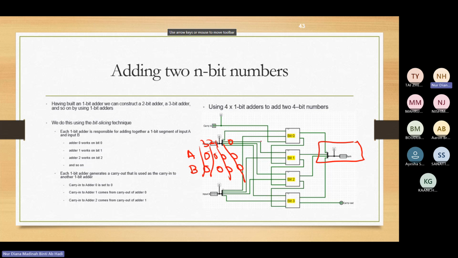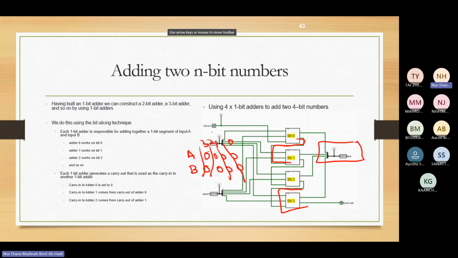Each of them will have their own carry in and their own carry out. As you can see, this is the carry in for your bit 0, but the carry out would be brought to bit 1. Can you see the linkage?